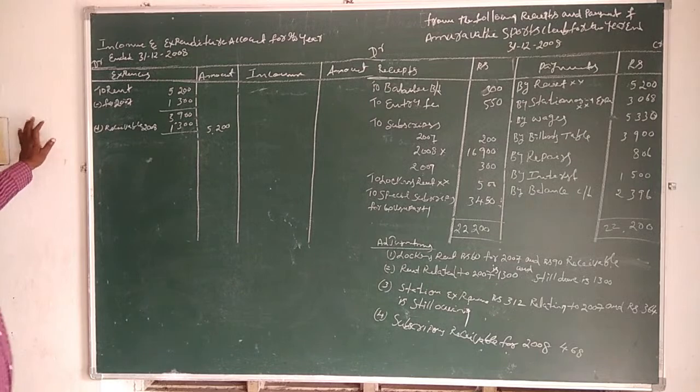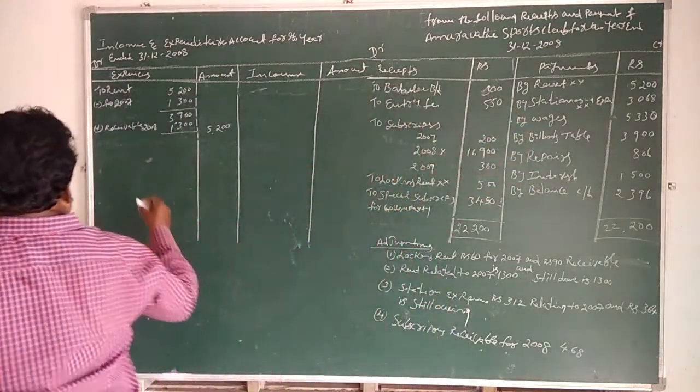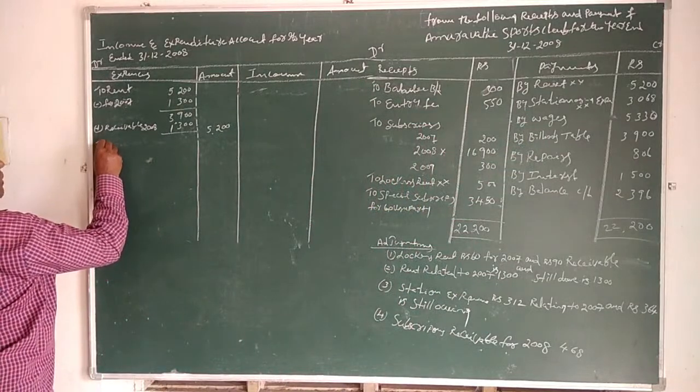Next, stationery expenses. It is also two adjustments.